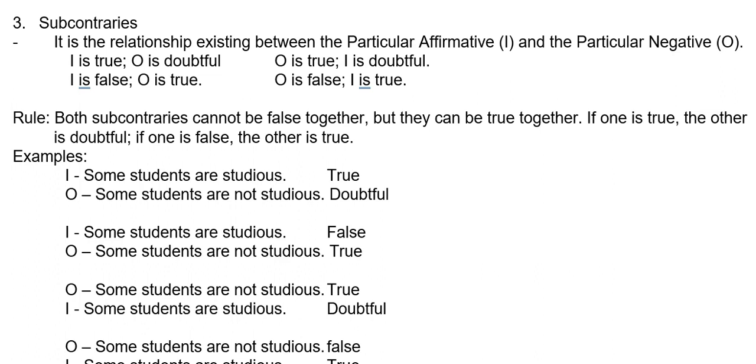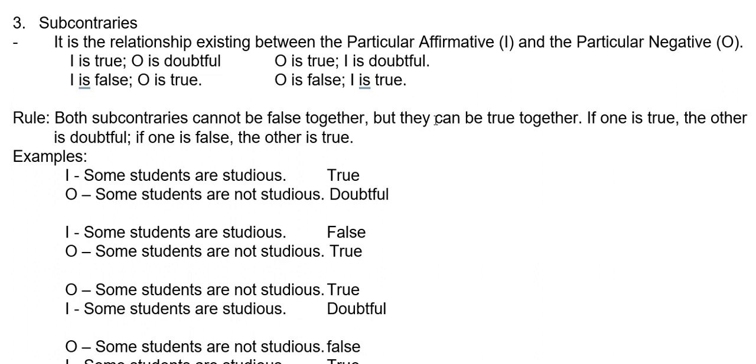Examples. Some students are studious. If this proposition I is true, then its subcontrary O, some students are not studious, is either true or false or doubtful. If I is false, such as some students are studious, O is true. Some students are not studious.